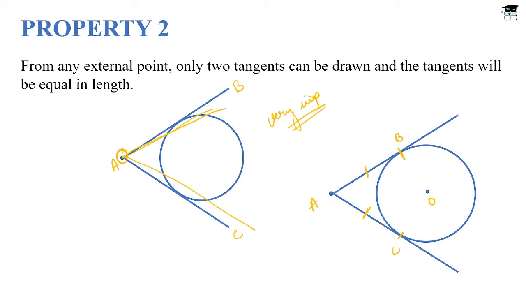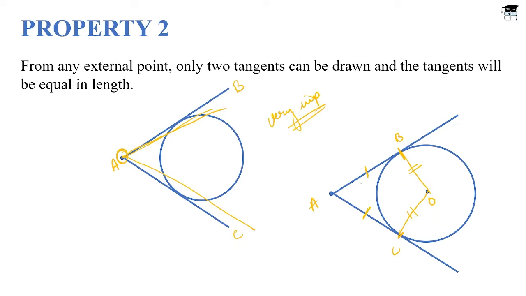This is the circle. Now, if I join BO and OC, then OB is equal to OC.